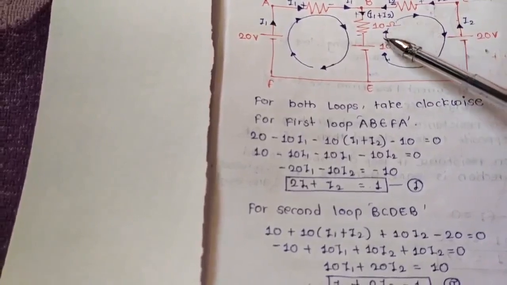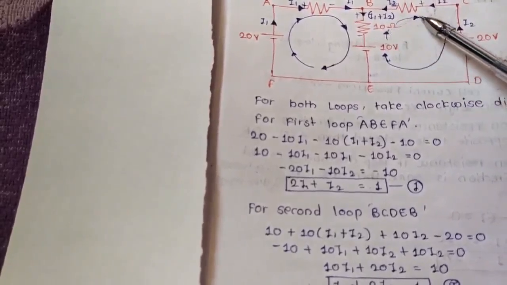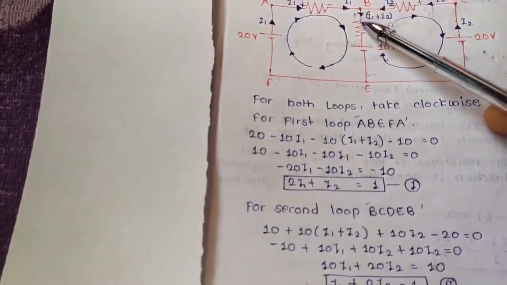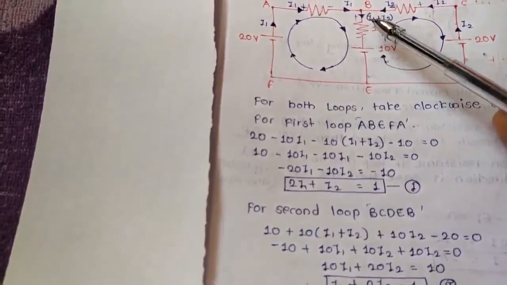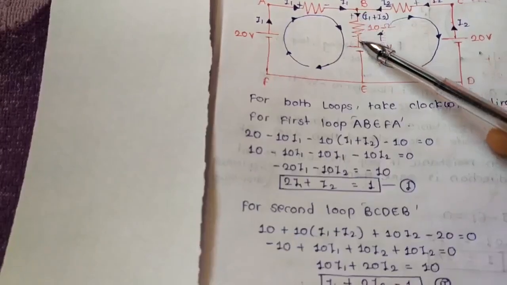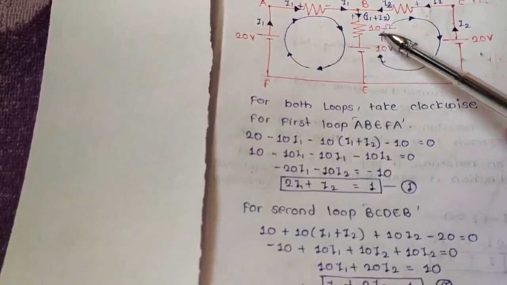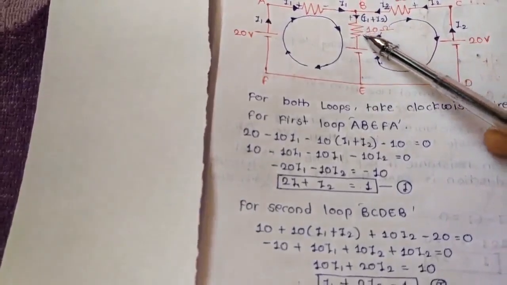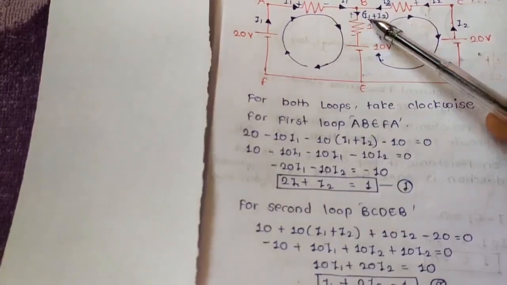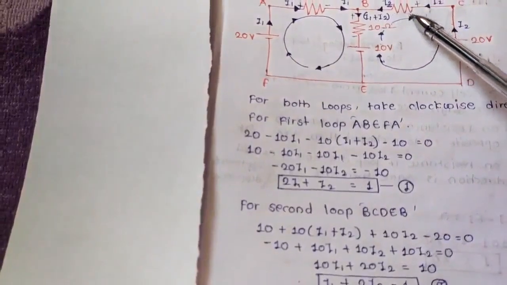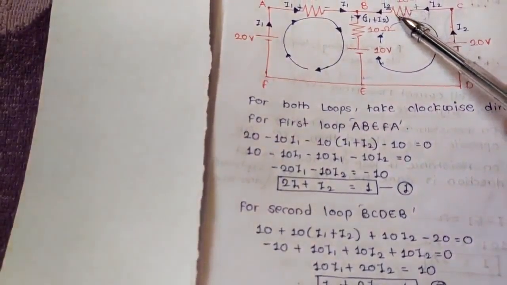Again loop direction is clockwise, but current flowing direction is opposite. On resistances current is flowing opposite direction that of a loop direction, then take plus, hence 10 into I1 plus I2. Again opposite directions, 10 into I2.